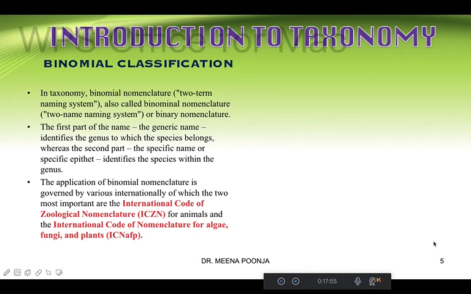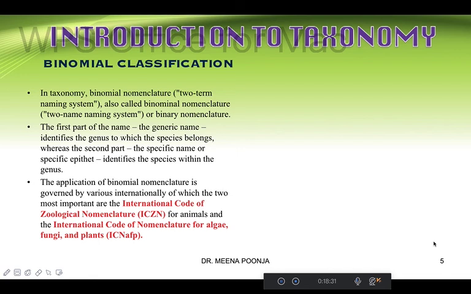If we are talking about a tiger, it may have n number of local names. But when you say Panthera tigris, it's uniform. Worldwide, when you use this name, everybody understands that you are talking about the striped big cat, the tiger. So it is a uniform, globally identified name.